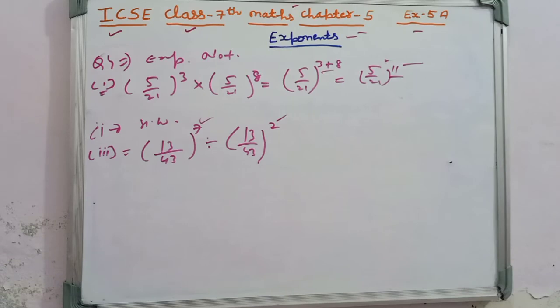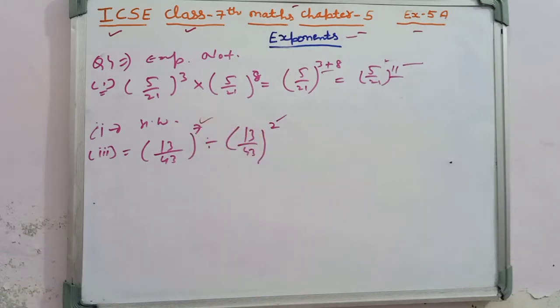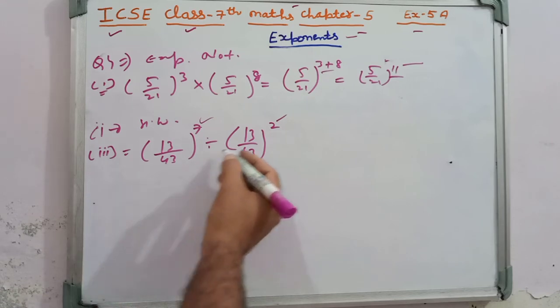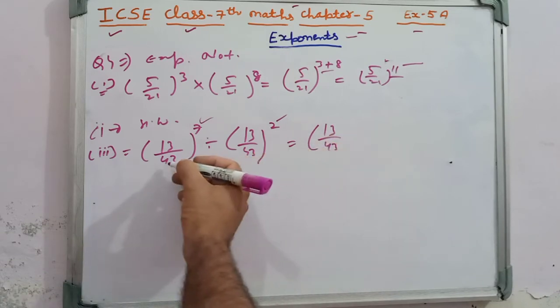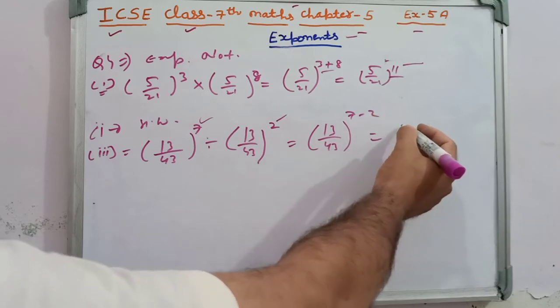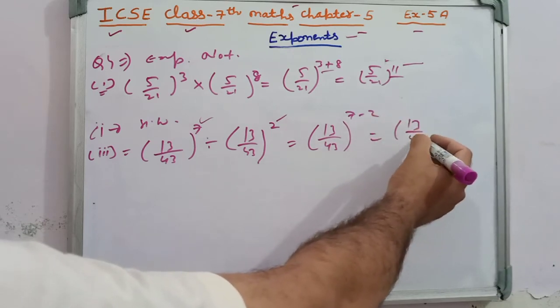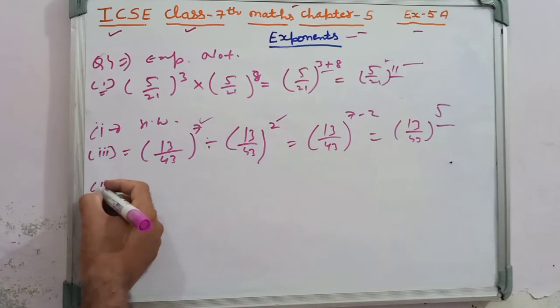While dividing, it has to be kept in mind, this is smaller than this, then no problem. Base is same. This will go above and get itself minus. So this will become 13 upon 43 raised to power 5.